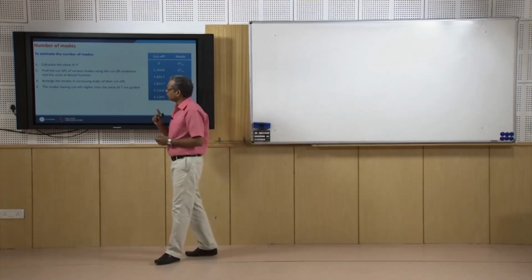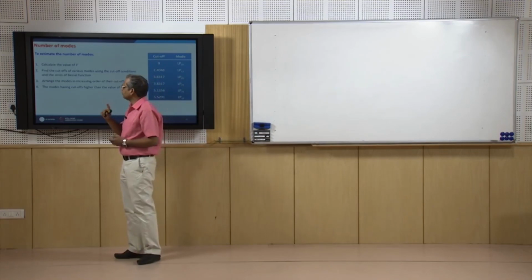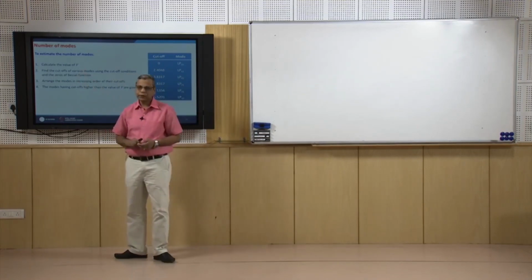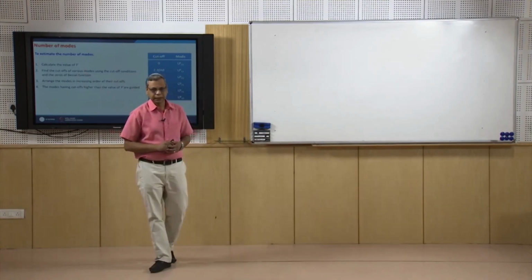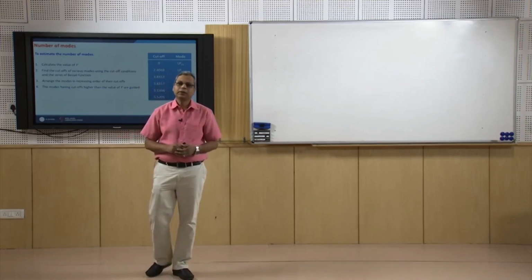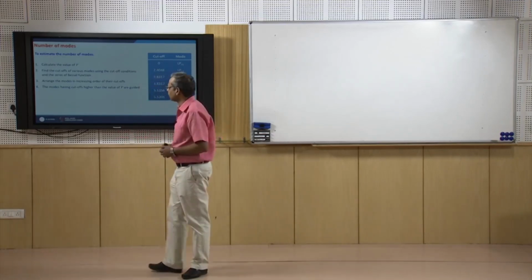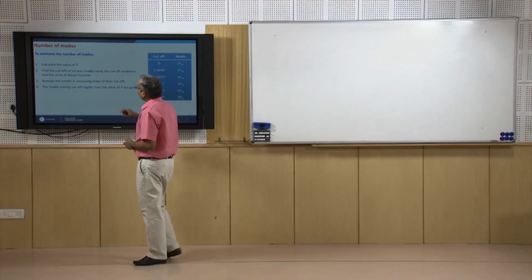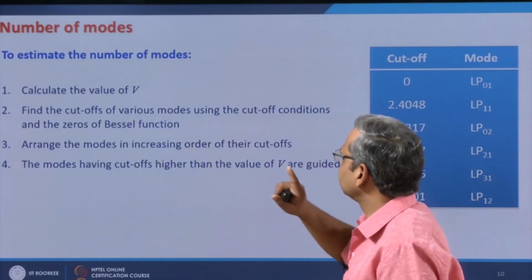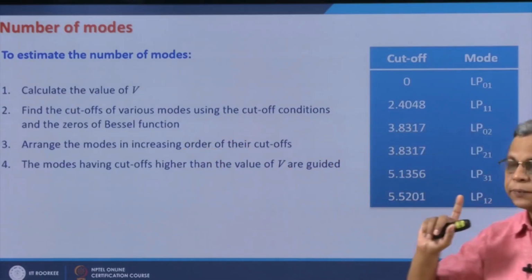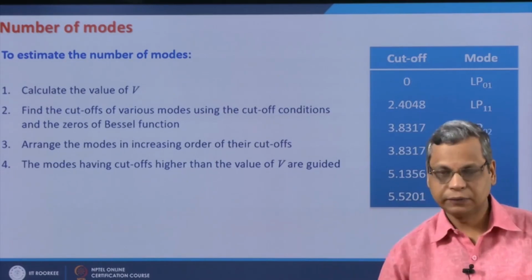So, the first step is the same. You first calculate the value of V. If you are given a fiber and the wavelength, first you calculate the value of V, then you find out the cutoffs of various modes using the cutoff conditions and the zeros of Bessel functions.